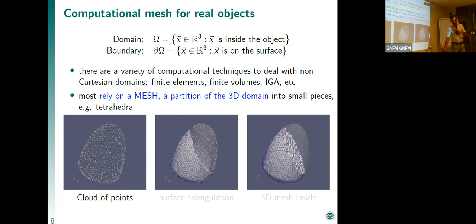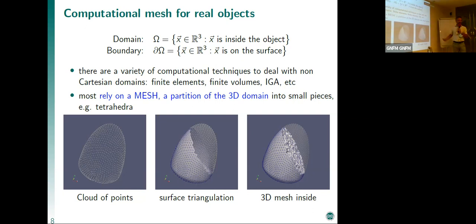Before we can actually perform a simulation, we have to build a triangulation of the surface, and even worse, we need a discretization of the interior of the object. So we must take the three-dimensional volume of the object and split it into small pieces, be it little squares, little tetrahedra, little whatever.